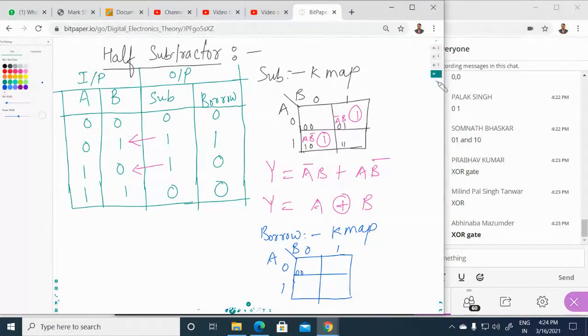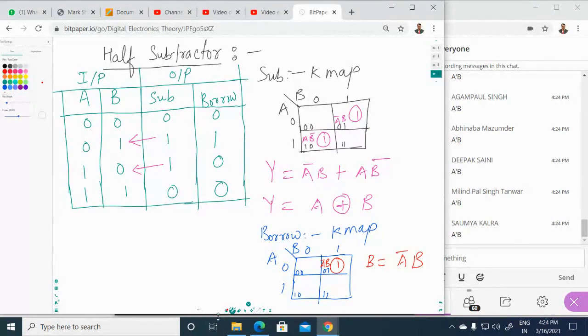So 0 0, 0 1, 1 0, and 1 1. So at which location is this 1 present? 1 is present only at the 0 1 location. So put the 1 value right here, at the 0 1 location. Yes, you are right. This is A bar and B. So your output is A bar B.